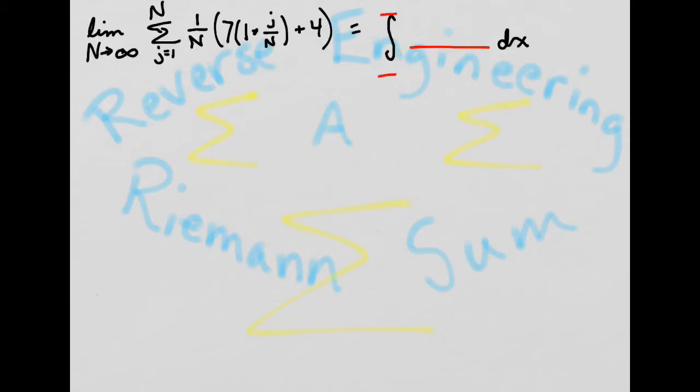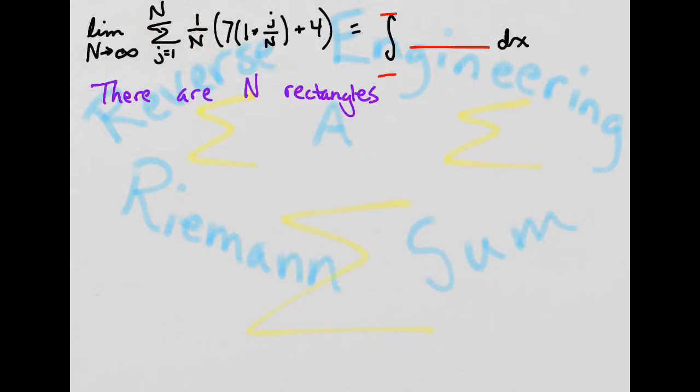The width of each rectangle. There are n rectangles, so you ignore that limit and we just look at the number at the top here. We want to identify what represents the width. This is our width. It's always going to be something over n, and it's either going to be inside the sum, but it could be written outside the sum as well.